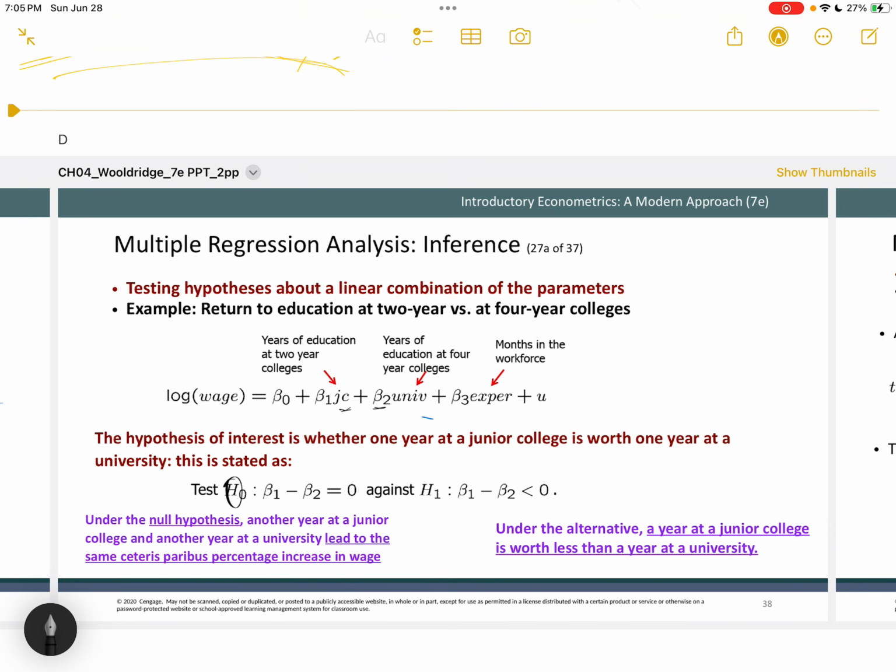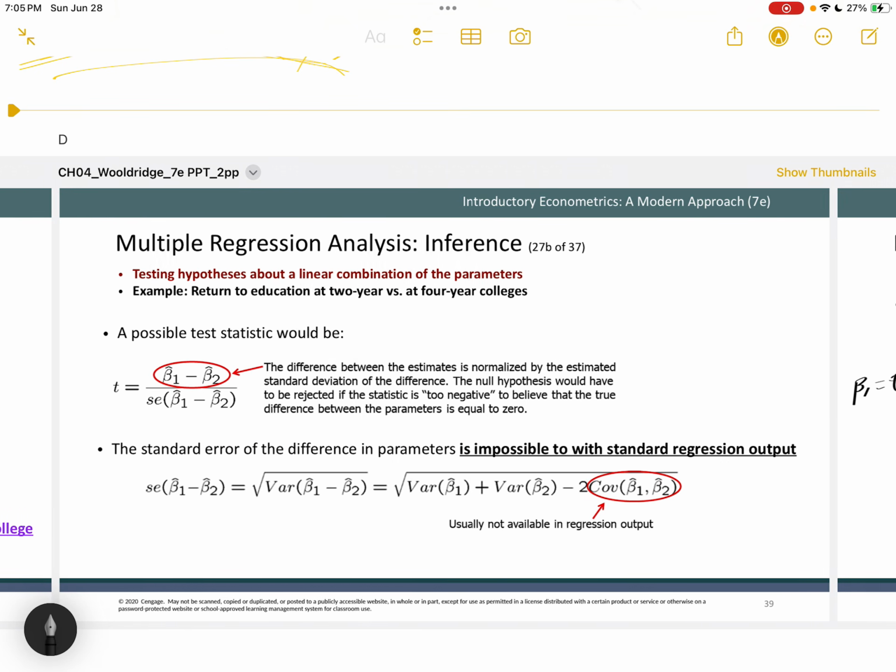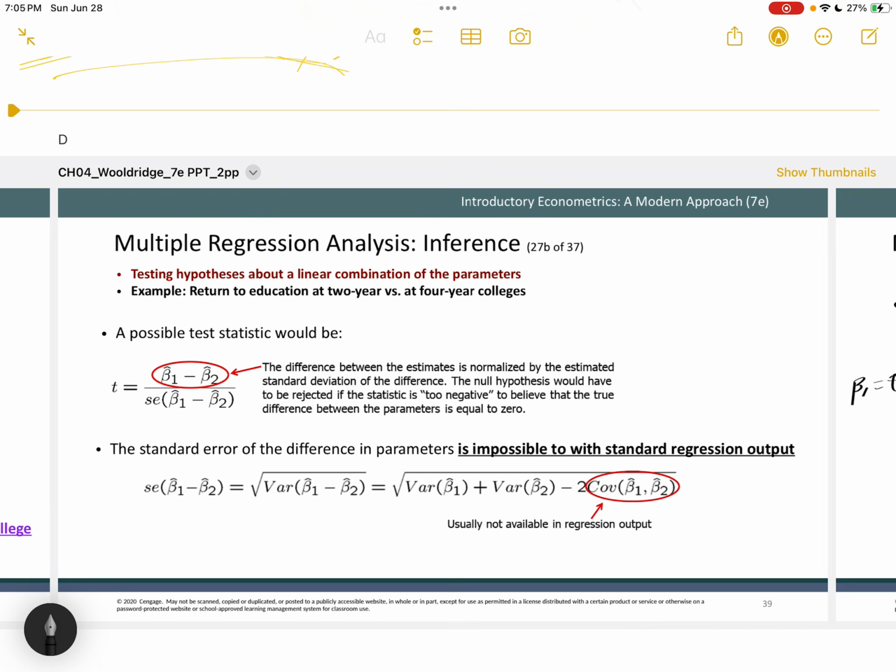In H0, we say that is equal to 0, and in the alternative, we are interested to test whether a year at junior college is worth less than a year at a university. That's what we are up to.